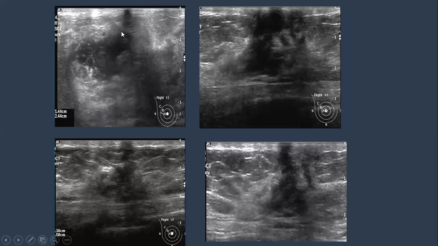And this is the band going toward the nipple. Look for the band and look for the nipple. See, the nipple seems to be involved or infiltrated. This is a heterogeneous mass. It looks as if it is multiple masses. I don't remember exactly. It might be the same mass from different angles.